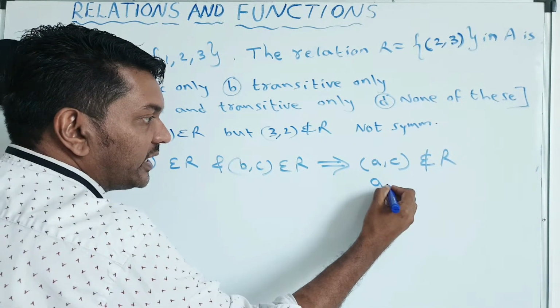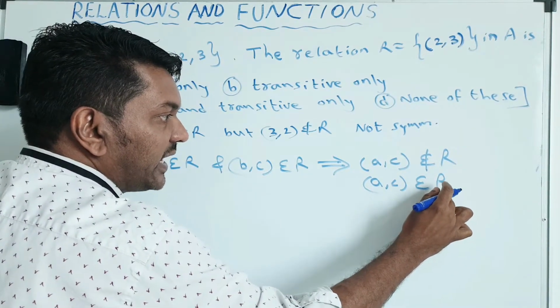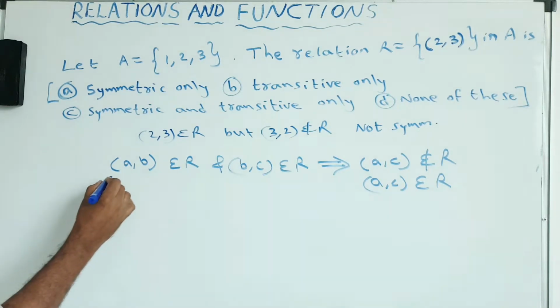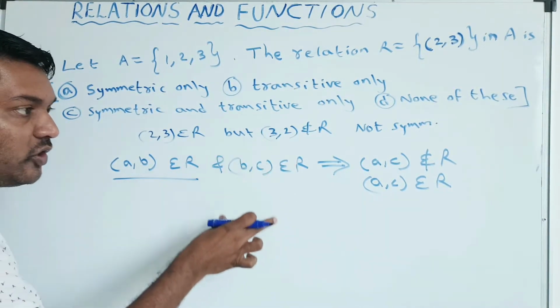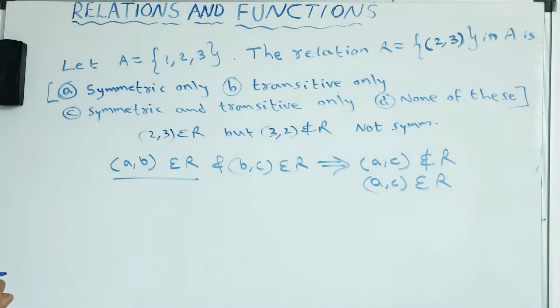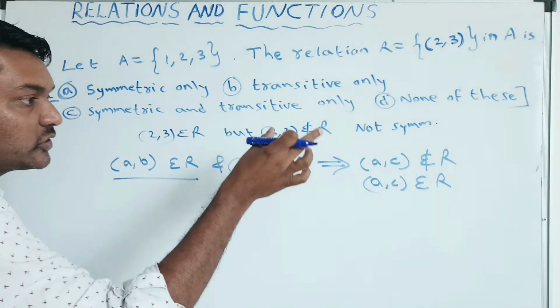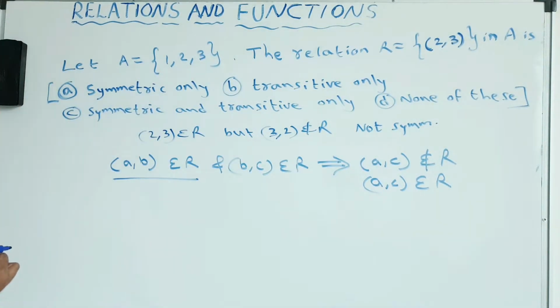And if you are getting (a, c) belongs to R, it is an element of R, then it is transitive. Suppose you have only this and you don't have this pair available, then also it is called transitive relation, because you are not able to prove that it is not transitive. In that case, it is called transitive relation.